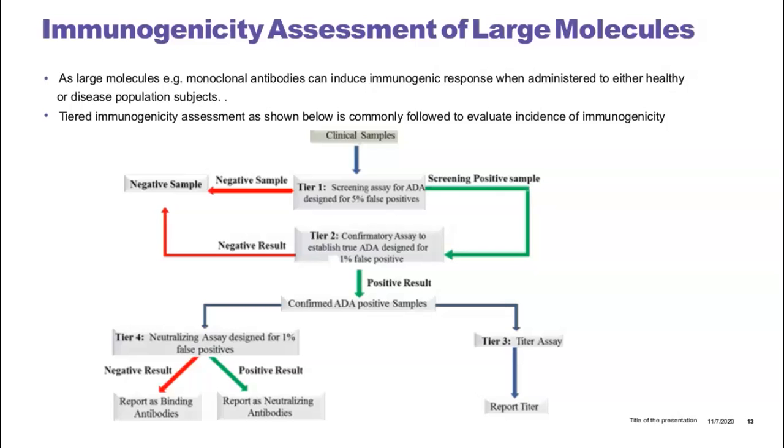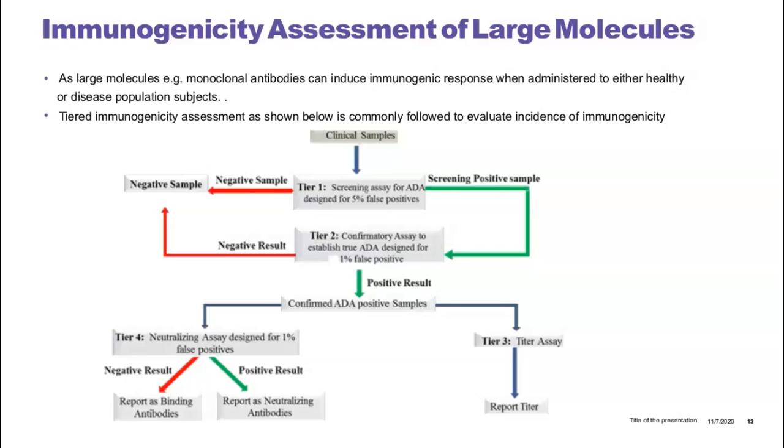So there may be 1% false positives. Once the confirmatory assay is done and any positive result comes, then for tier 3 they go for the titer assay, where they check the titers in the samples.